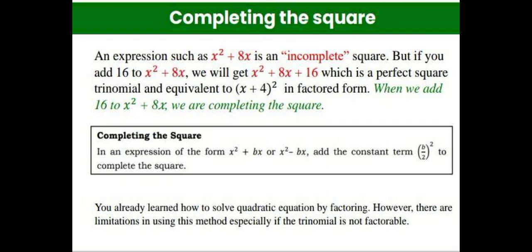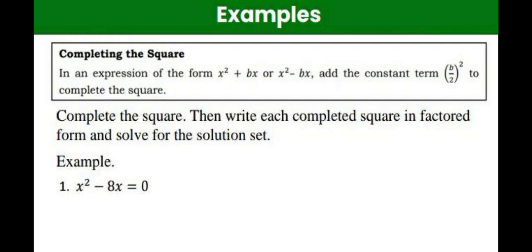When we add 16 to x squared plus 8x, we are completing the square. To complete the square in an expression of the form x squared plus bx or x squared minus bx, add the constant term (b over 2) squared.